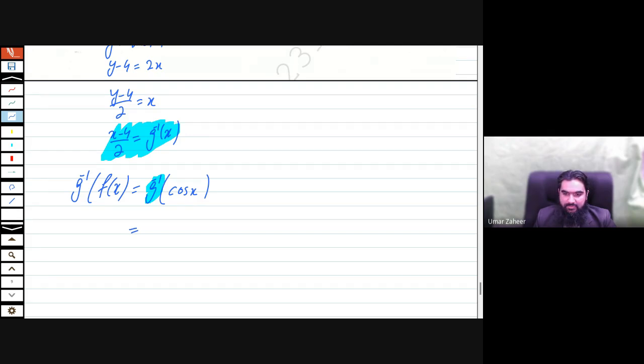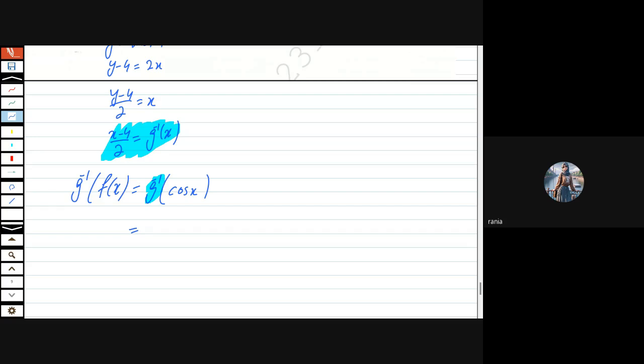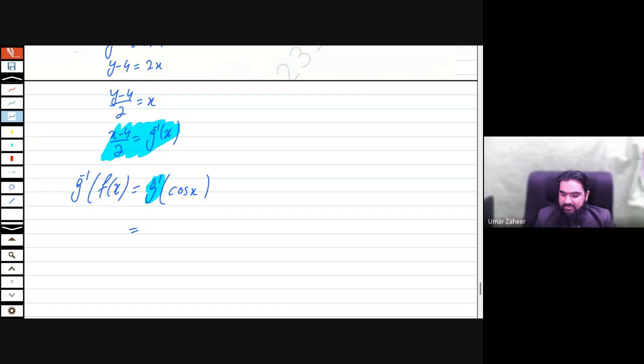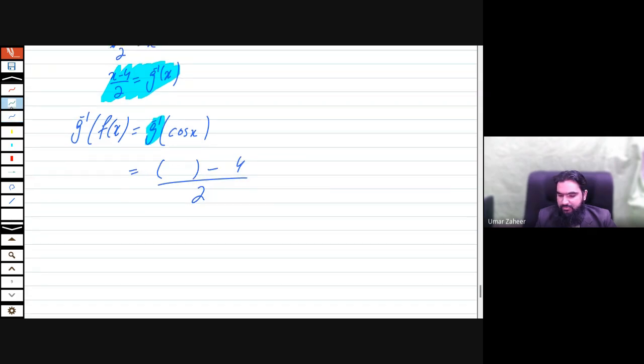And g inverse is x minus 4 divided by 2. At the place of x, we will substitute cos x. The final answer is cos x minus 4 divided by 2.